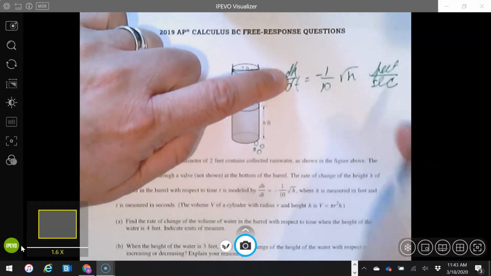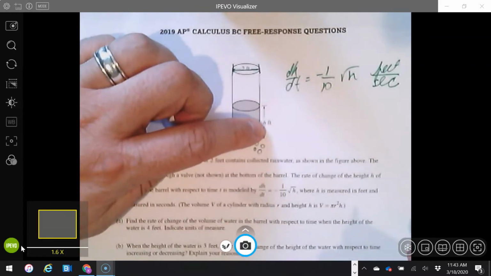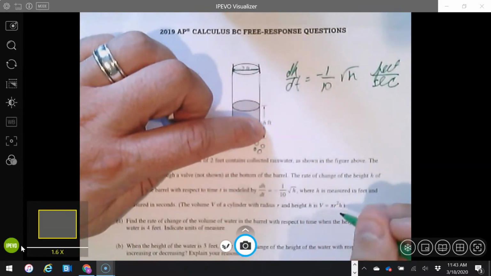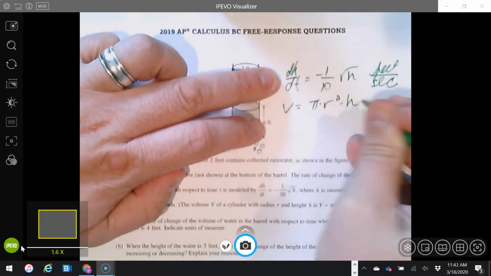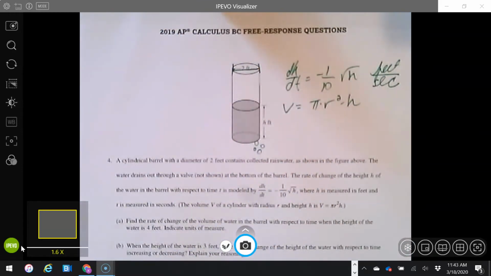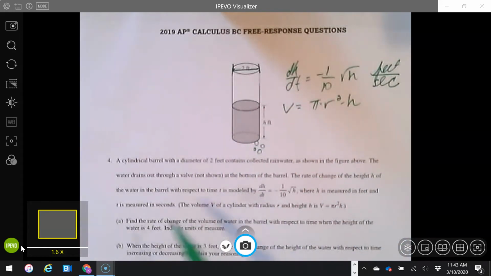T is measured in seconds, so feet per second. We know that the volume V of a cylinder with radius r and height h is V equals pi times r squared h. You didn't even need to know that. They gave it to you, but you could have figured that out. Area of a circle is pi r squared times the height h.